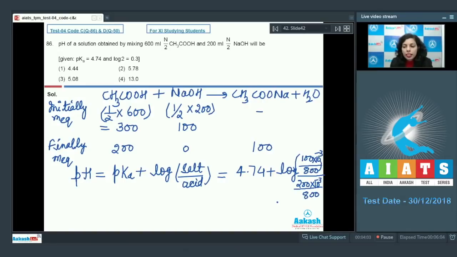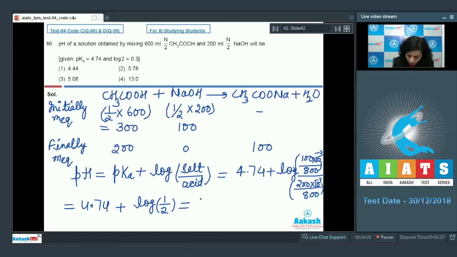On simplification, we get 4.74 plus log, and in this case a lot of values can be cut. It becomes log 1/2, or simply log 1 minus log 2.